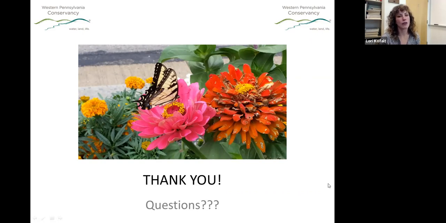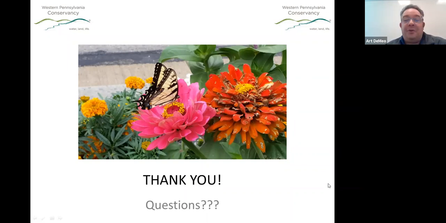Resistant just means it's going to be less appealing than, say, the soft growth of your rose bush. There are no plants that are truly going to keep a deer from eating it, except for maybe a prickly pear cactus. I don't know if that's native. It is native. Oh, okay, there you go.